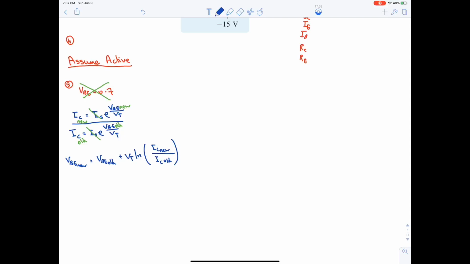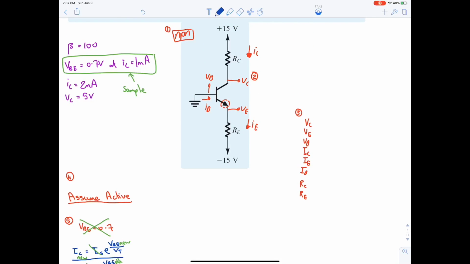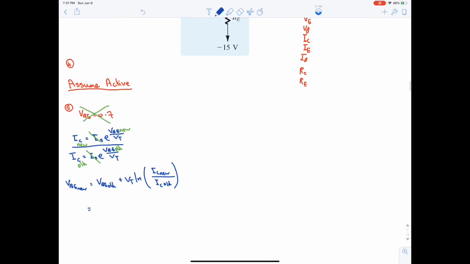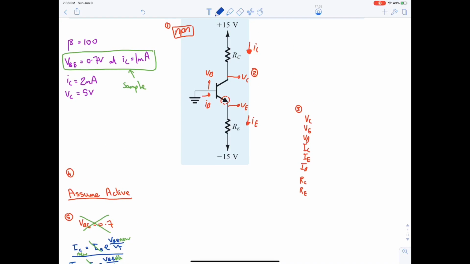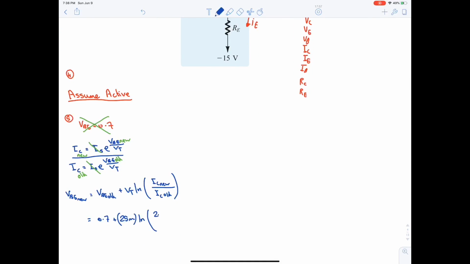Let's start substituting in numbers. VBE old is the sample, which is equal to 0.7 plus VT, which is 25 milli, ln IC new. What's IC new? 2 milliampere divided by IC old.